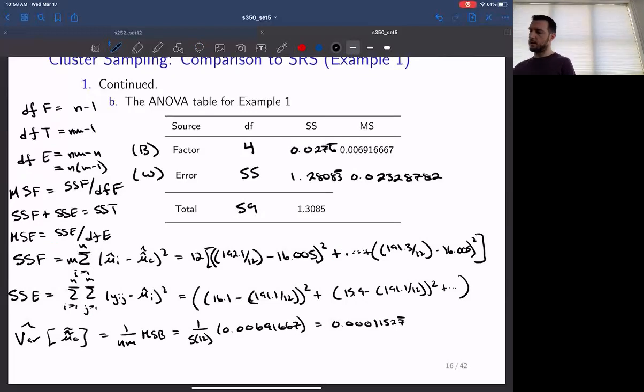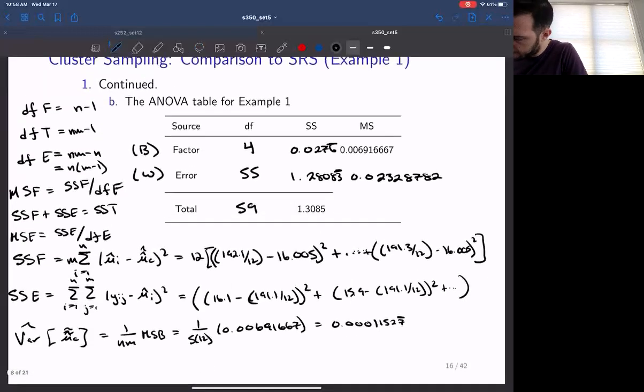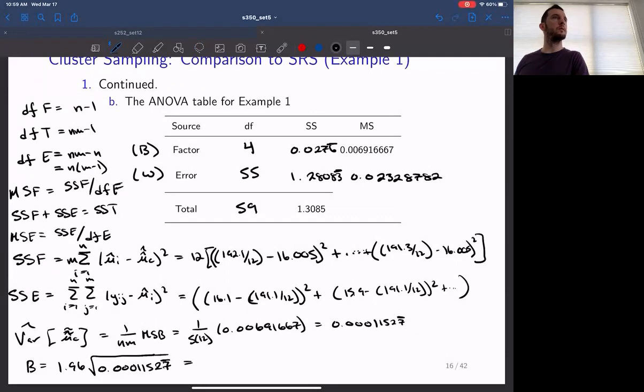All right, and now the bound will be 1.96 multiplied by the square root of 0.000111527, which is equal to 0.021. Right? And then we can use that to bound our average.